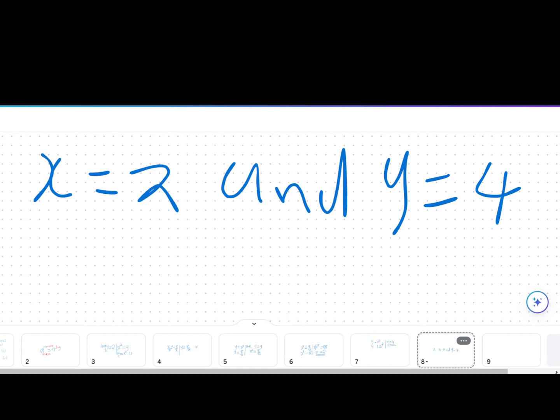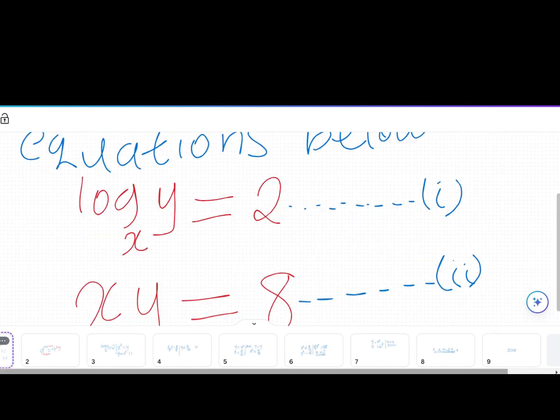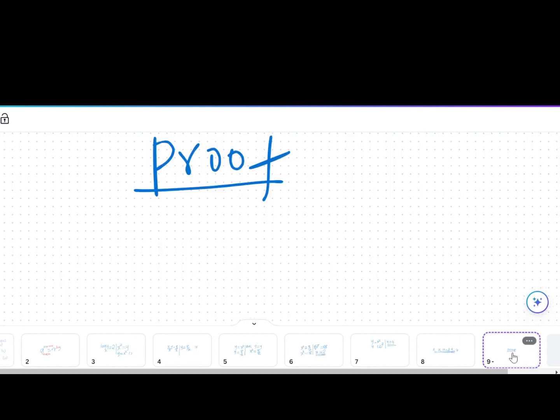We can also try to prove this. Let us prove and see if it is true. Remember, in our equation 2, we were told that xy is equal to 8.